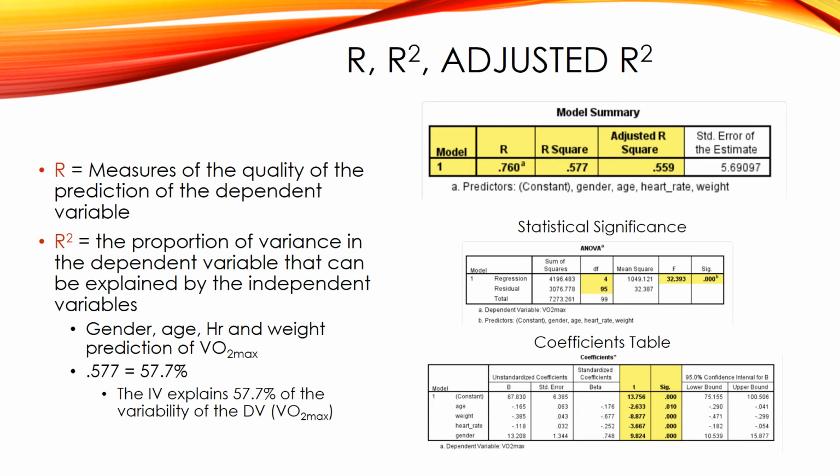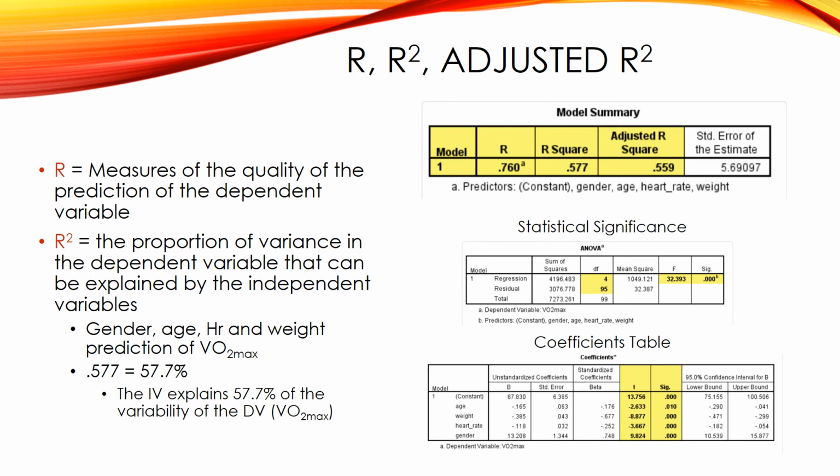That's our R squared. Remember, we talked about doubling R, and then you get that R squared, which for this situation is 57.7%. So those four variables explain 57% of the variability of the dependent VO2 max.